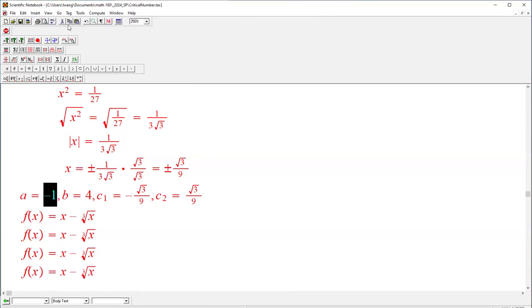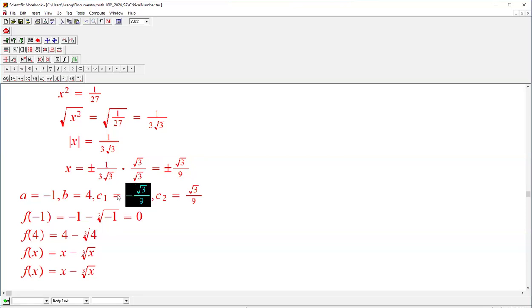The first one is -1. So x is replaced by -1 and you calculate it. The cubic root of -1 is -1, so -1 subtract -1 is going to be 0. The second number is 4.